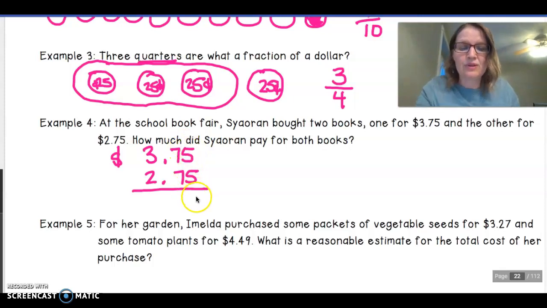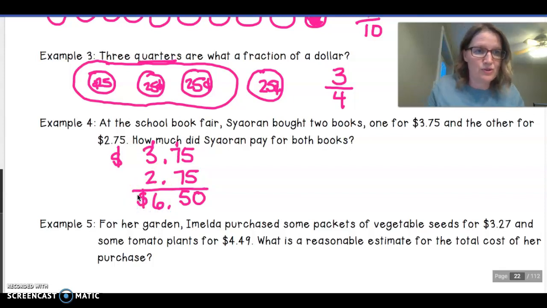Here we go. 5 plus 5 is 0, plus 1, 14, plus 1 is 15. Carry my 1. 3 plus 2 plus 1 is 6. So he paid $6.50 for both books.